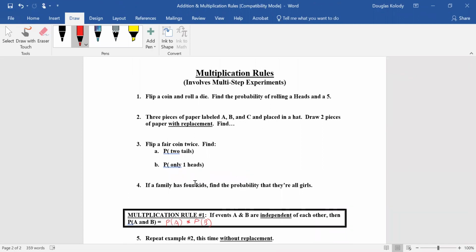But the multiplication rules dealt with the word independence. The multiplication rule stated that if events A and B are independent of each other, then the probability that A and B occur is the probability of A times the probability of B. And do you recall that the way to show the word and symbolically in logic symbol form is the intersection symbol? So let's go back to today's notes.